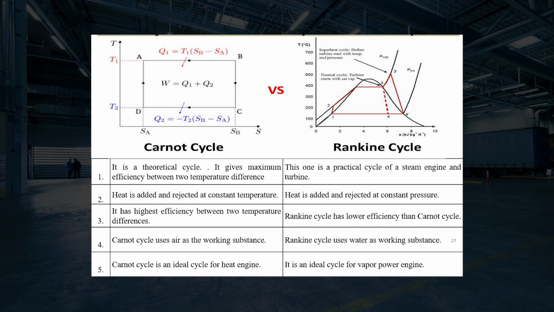Carnot cycle uses air as the working substance and Rankine cycle uses water as working substance. Carnot cycle is an ideal cycle for heat engine, whereas the Rankine cycle is an ideal cycle for vapor power engine.